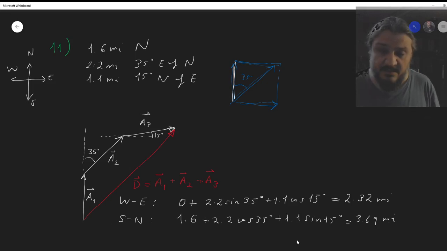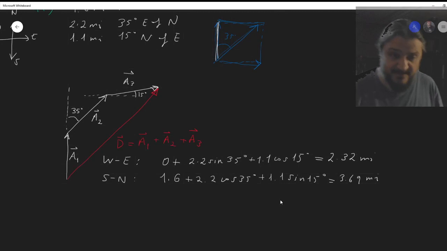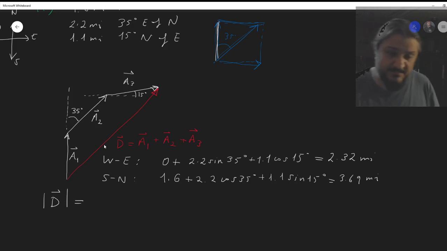But I want to know what the length of D is actually. The magnitude, right? The magnitude of D, this distance from beginning to end, I have to apply the hypotenuse or Pythagorean formula again.